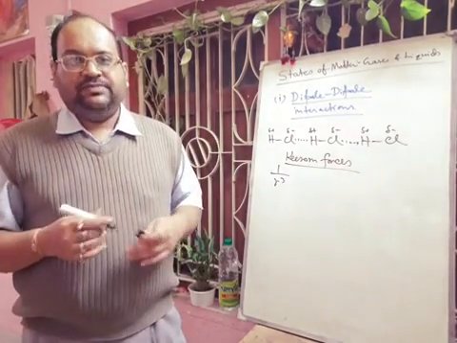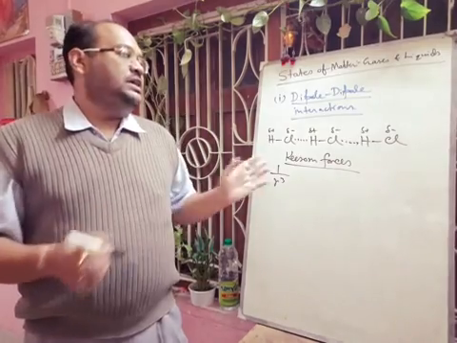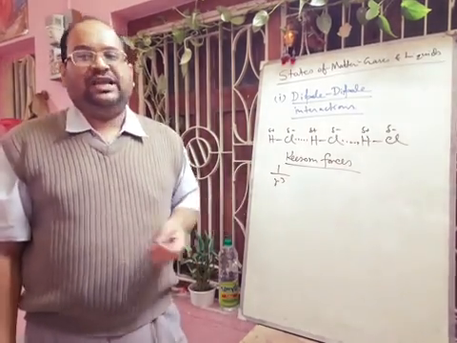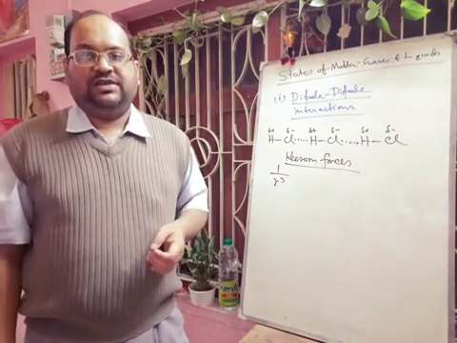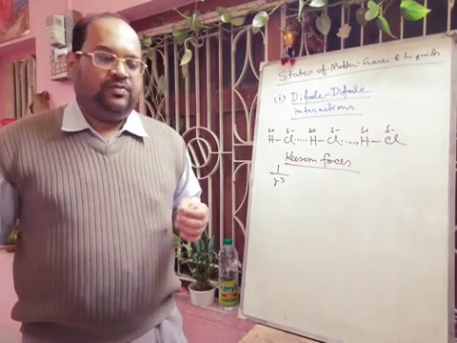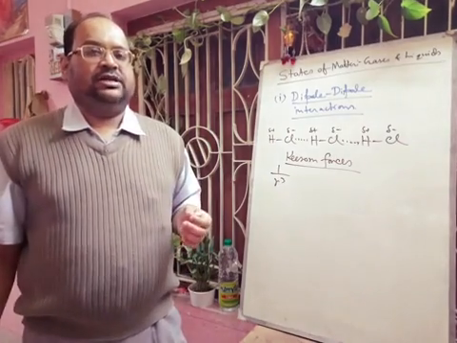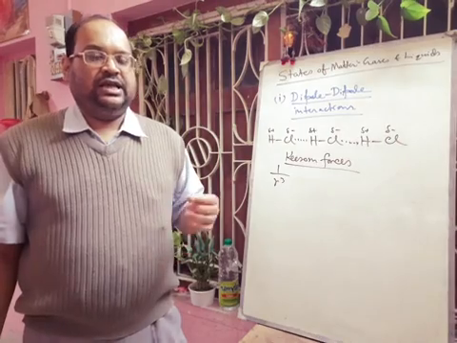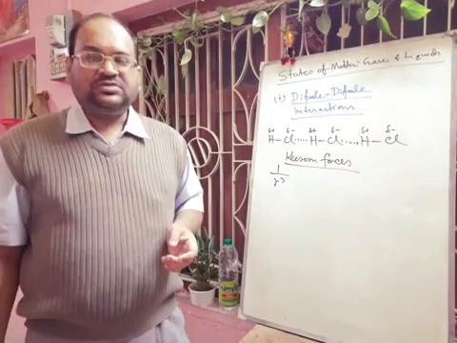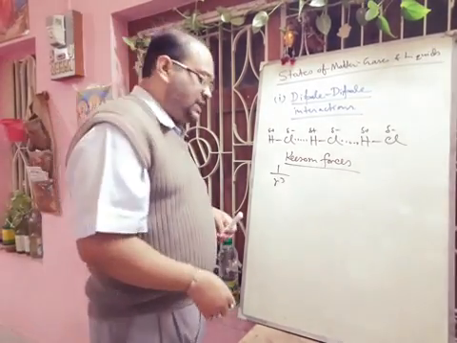As an example, the slightly polar NO molecule, nitric oxide, has a higher boiling point compared to non-polar molecules like nitrogen, oxygen or hydrogen. Hope you can understand.